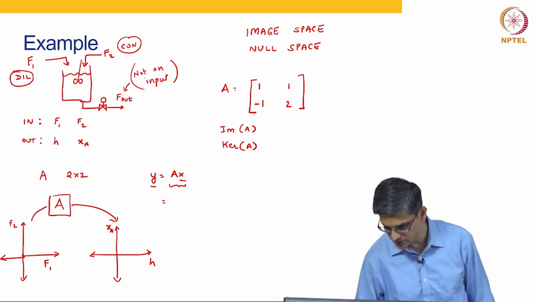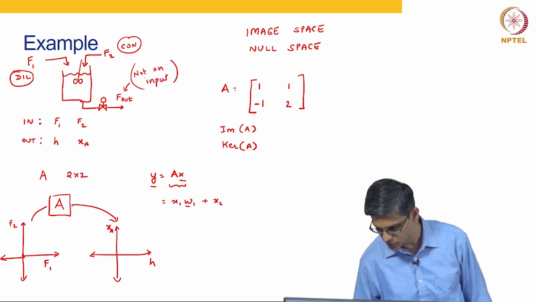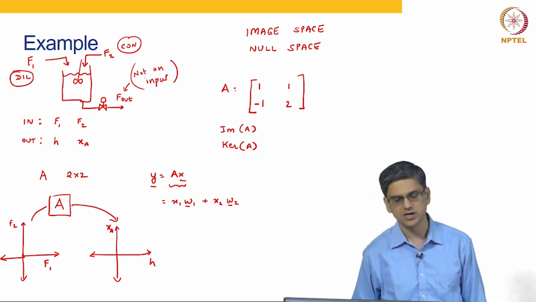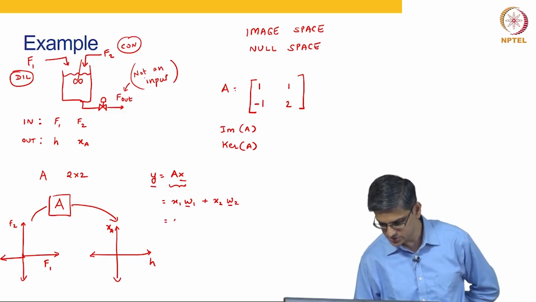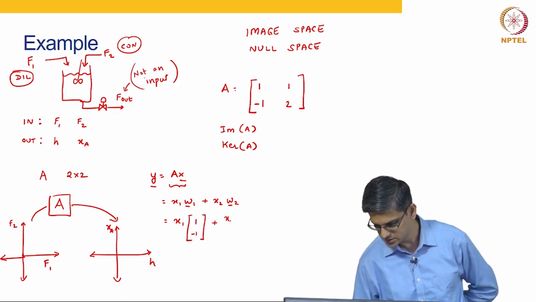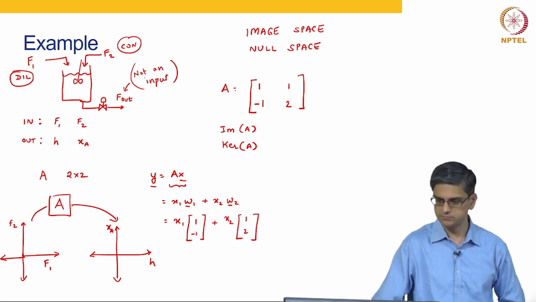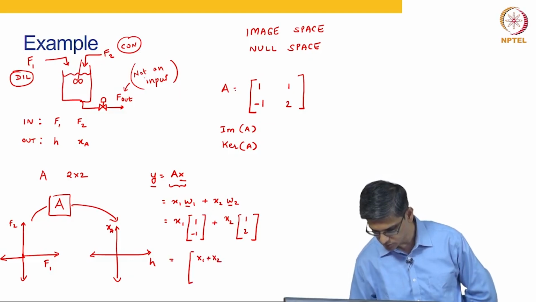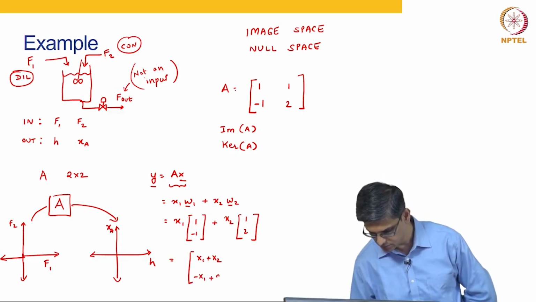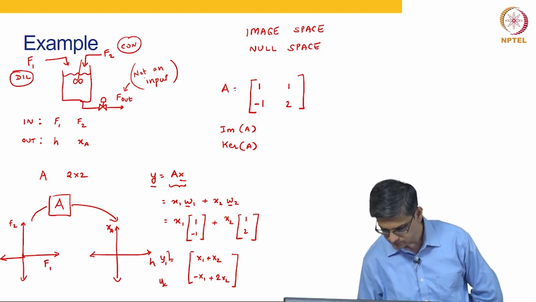So this will be x1 multiplied by w1 bar plus x2 multiplied by w2 bar, which in this case is going to be x1 times (1, -1) plus x2 multiplied by (1, 2), which is going to be x1 plus x2 and minus x1 plus 2x2. This is y1, y2.